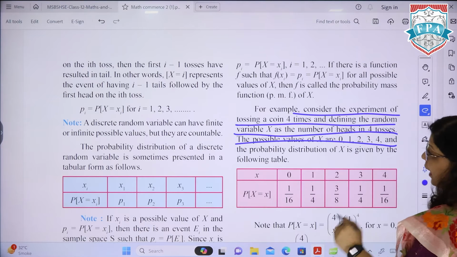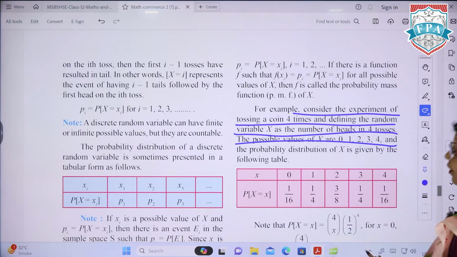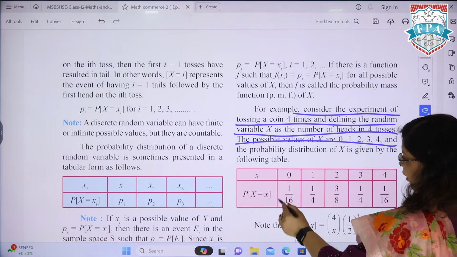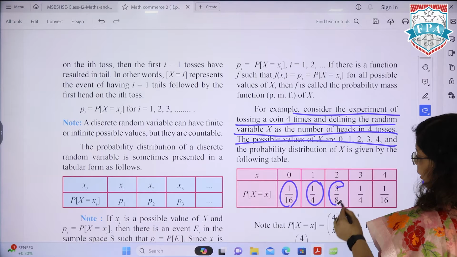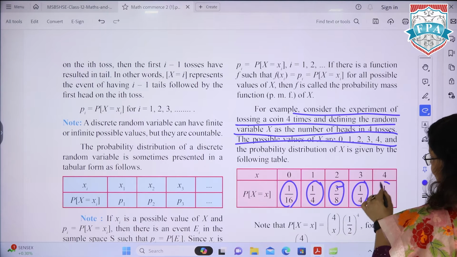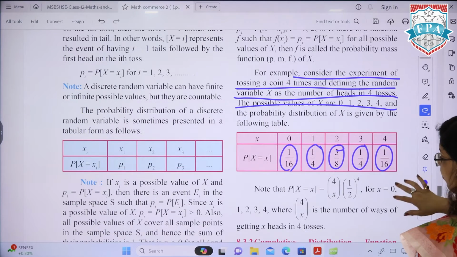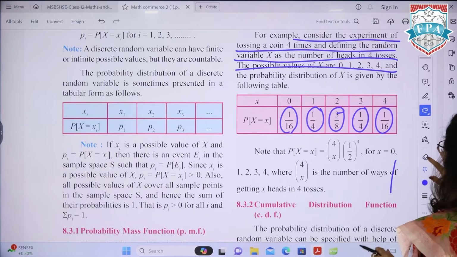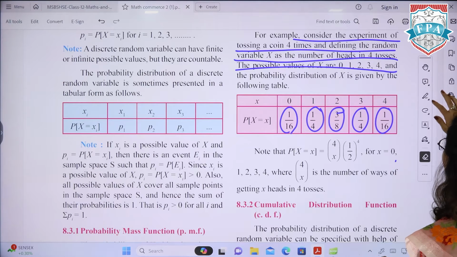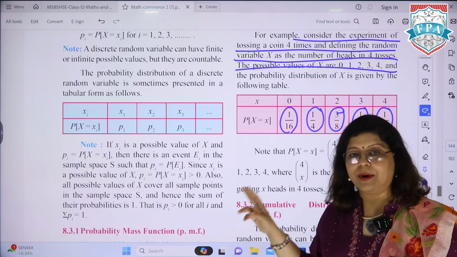So आपके random variables will go as 0, 1, 2, 3, 4 and we'll calculate the respective probability. For 0 it is 1/16, then 1 is 1/4, 2 is 3/8, then 1/4 and 1/16. The sum total of all these probabilities should definitely be equal to 1. If it is not 1, then there is some problem. We can consider that as a probability distribution.